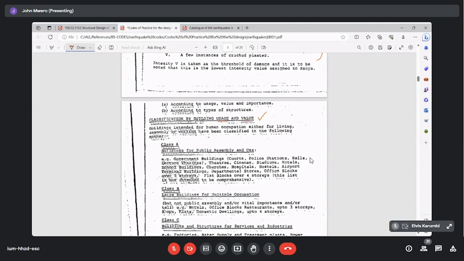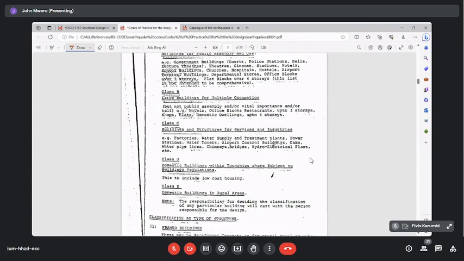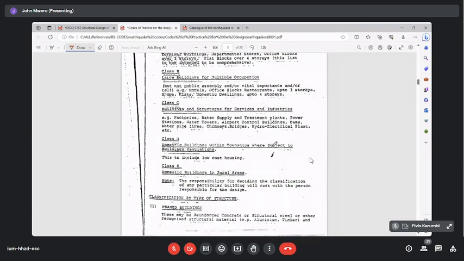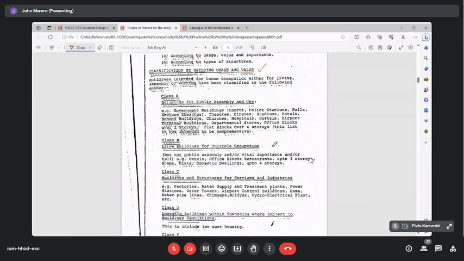So this standard proposes five categories for how important a building is in terms of how we intend to use it and how important it is. Let's just look at these categories, maybe one or two. So Class A is buildings for public assembly and use.